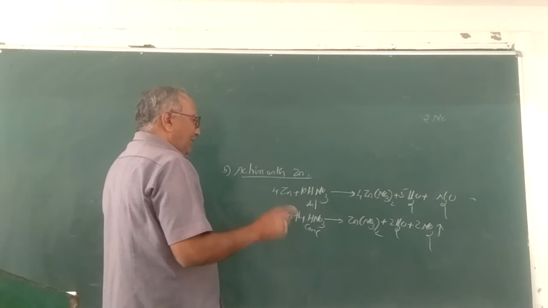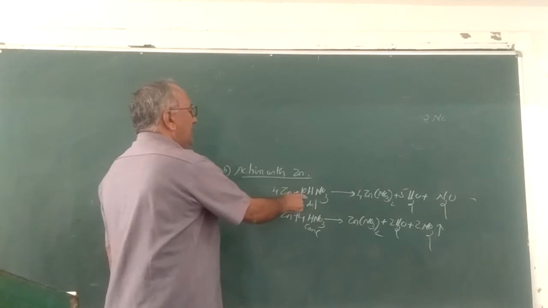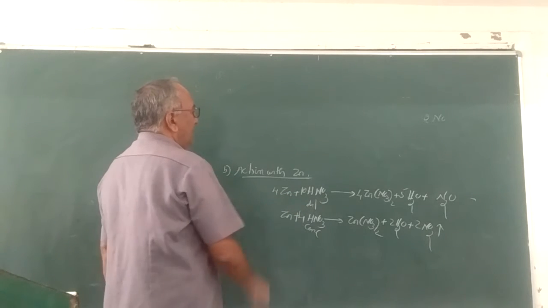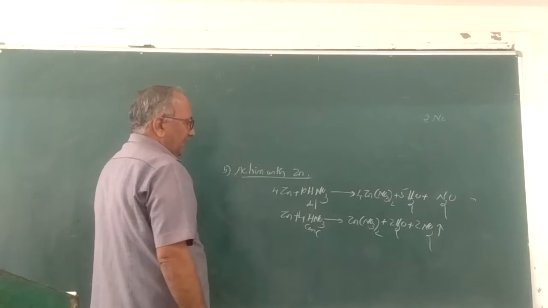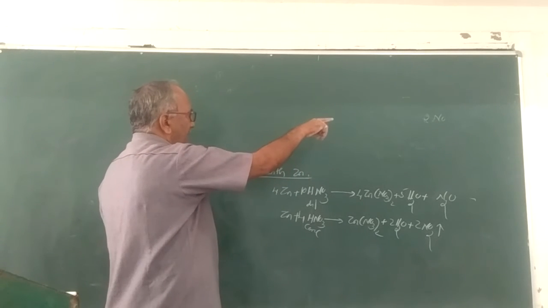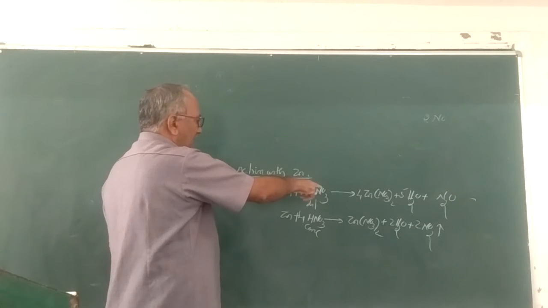Or there may be a 1 mark question: name the gas liberated when dilute nitric acid reacts with zinc metal. There is a liberation of nitrous oxide. Usually the action of copper with dilute nitric acid and the action of zinc with dilute nitric acid are asked.